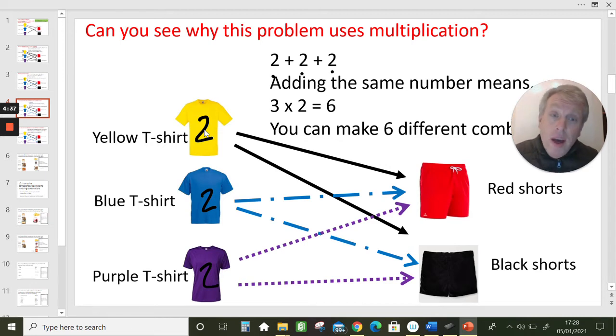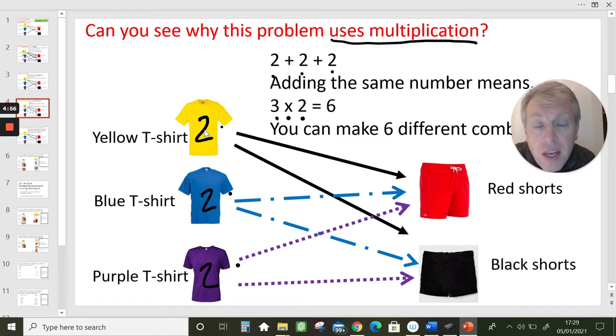And I know that adding the same number means I can use multiplication to see how many combinations, how many possibilities altogether. How many 2's are there? 1, 2, 3 2's. 3 times 2 equals 6. Interesting. It's really 3 t-shirts.